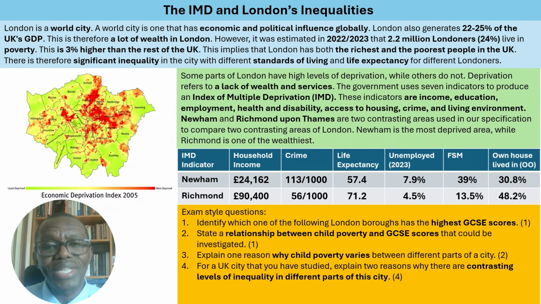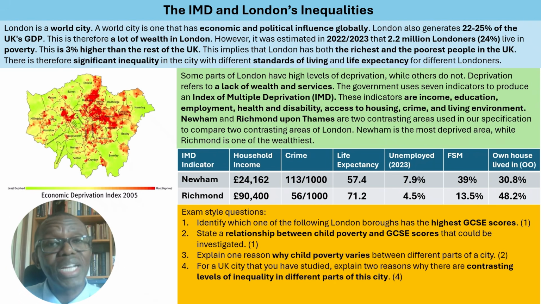However, it was estimated between 2022 and 2023 that 2.2 million Londoners, which is 24%, live in poverty. So the 24% is 3% higher than the rest of the UK, which implies that the richest and the poorest people in the UK live in London.